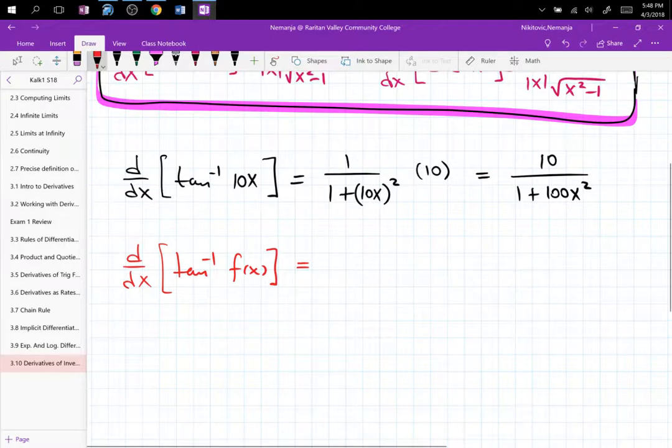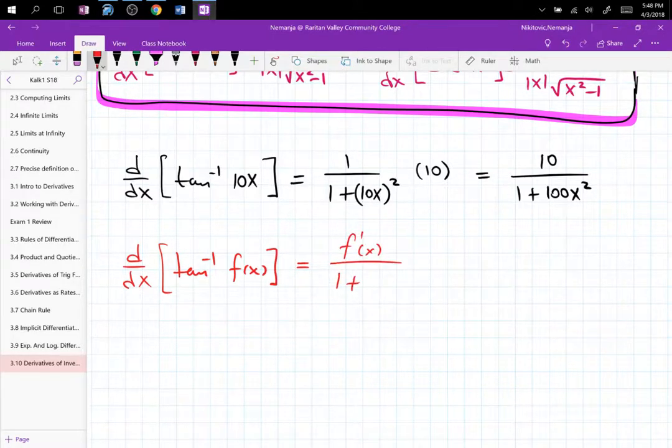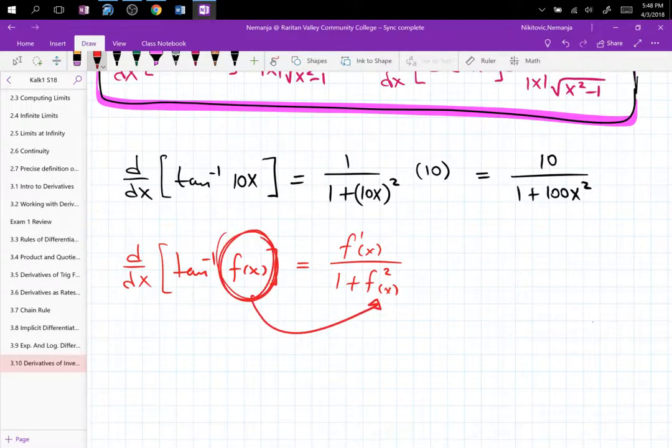So with that modification, you say f prime of x divided by 1 plus f squared. You take the argument as is, copy it, and then write the derivative. Remember what the ln derivatives were? You copy the function, and then you write the derivative up.